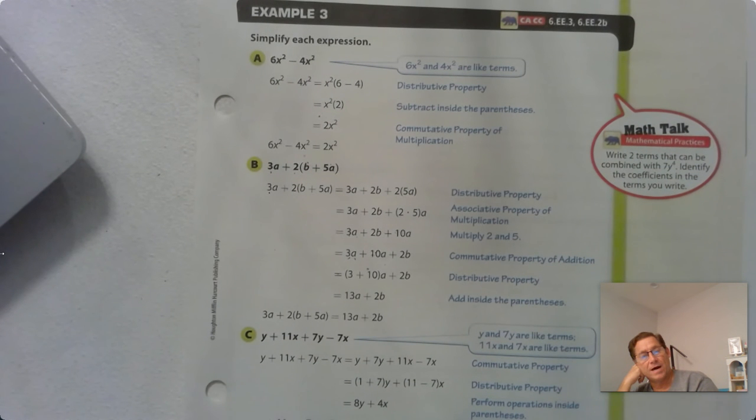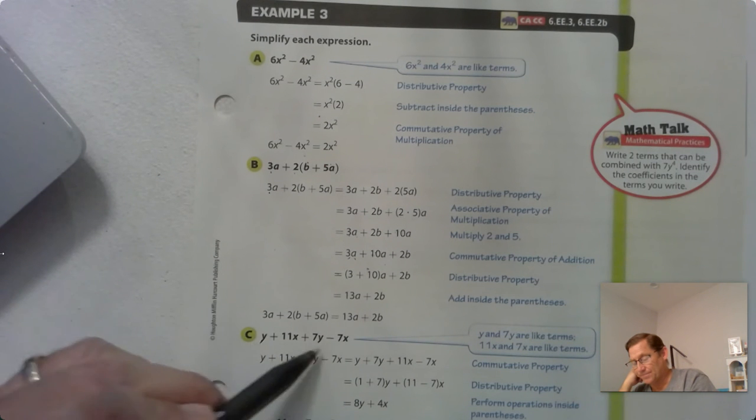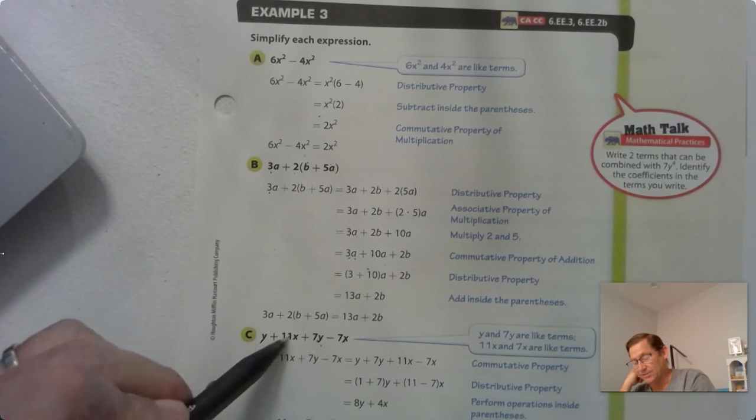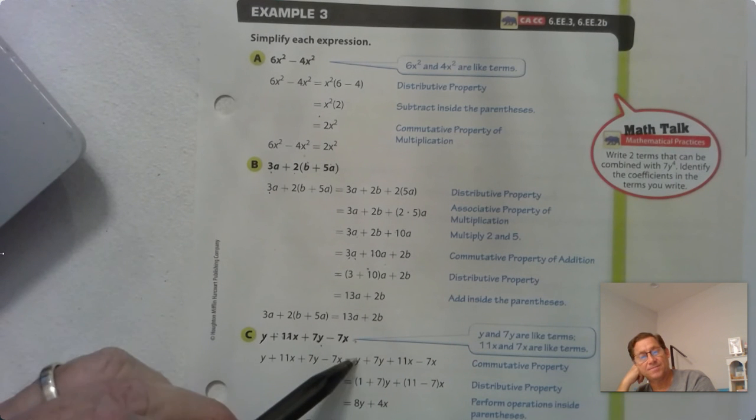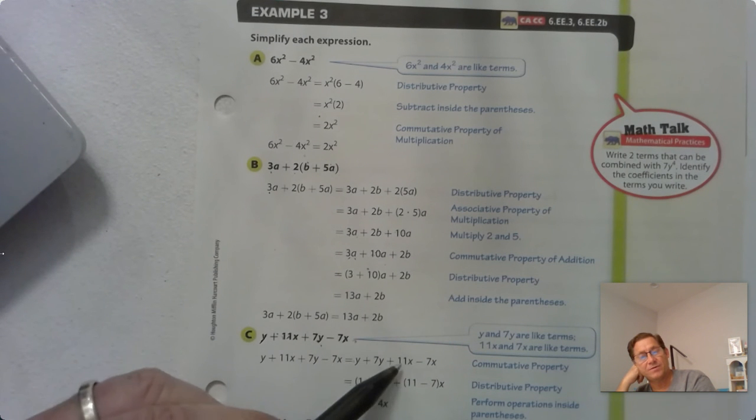All right, and then y plus 11x plus 7y minus 7x. So the y's are like terms and the x's are like terms. So why don't we switch places with the 11x and the 7y, using the commutative property of addition. So we have y plus 7y plus 11x minus 7x.